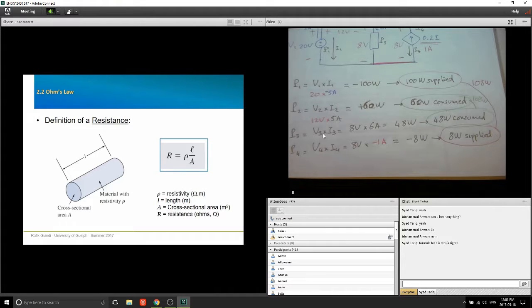That's the first thing. So it's proportional to the length, and the cross-sectional area A, on which the current is flowing.